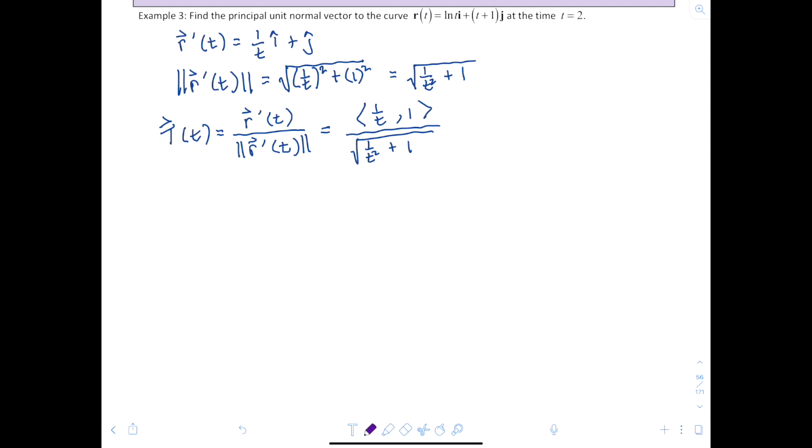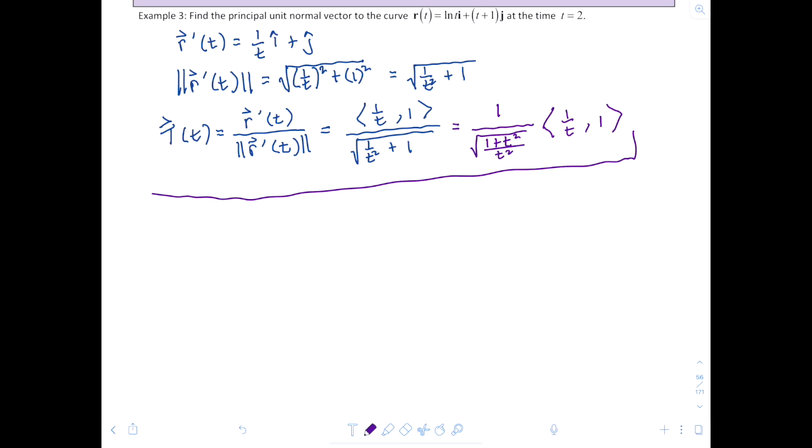Groovy? We're probably going to want to go ahead and simplify this a bit, because otherwise it's going to be rough to work with when we're differentiating T. So here, I'm going to write it like this: 1 over the square root of, if I get a common denominator, 1 plus t squared over t squared, times 1 over t, 1.